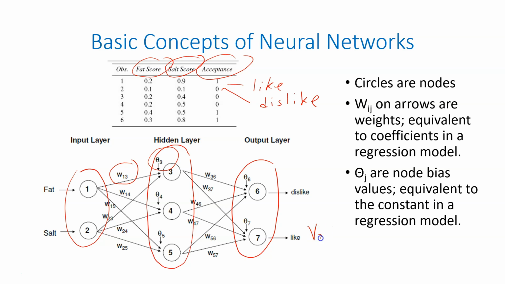Value for node 3 equals theta 3 plus weight 1,3 times the value of node 1 plus weight 2,3 times the value of node 2.